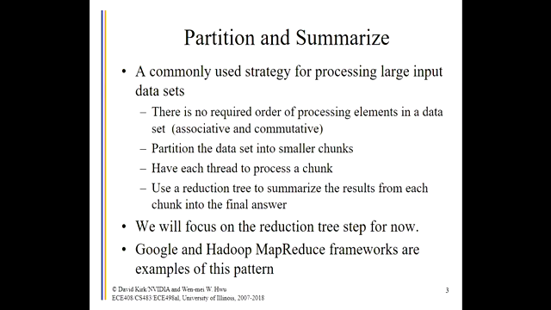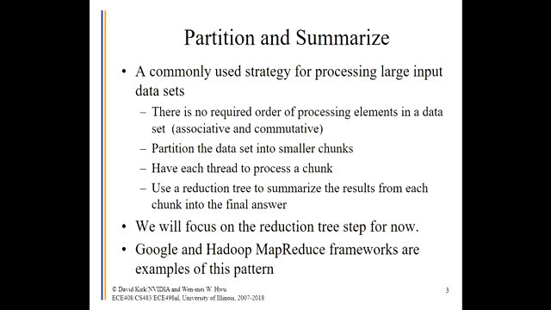So we go from a big amount of data to a small amount of data, but hopefully good, meaningful information in the end. So we oftentimes need to partition the big data and then somehow summarize it into a smaller and smaller amount of data.